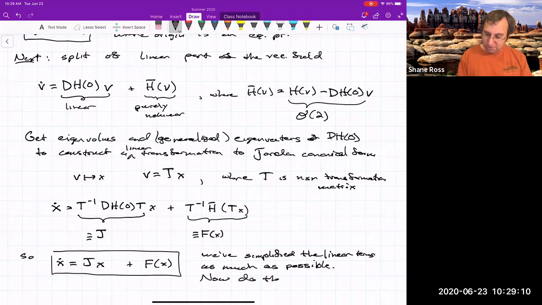Now we'll do the same for the nonlinear terms. You might think, oh, this is a hopeless endeavor, but it's not.